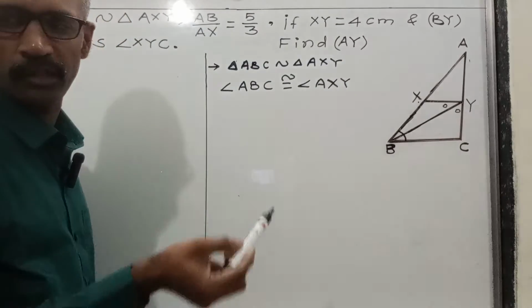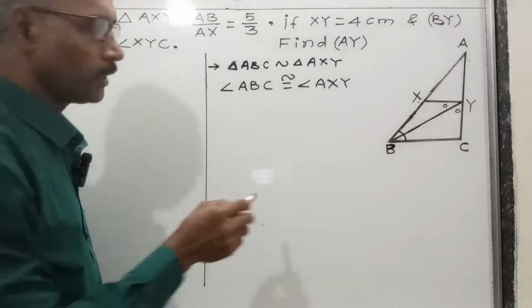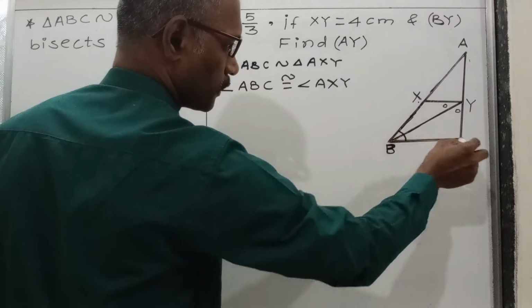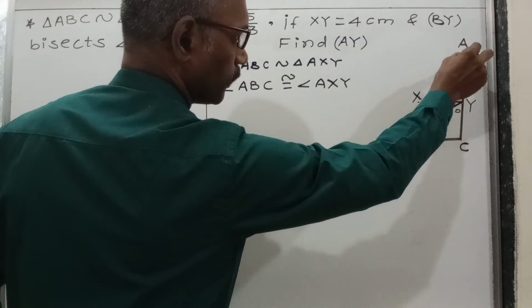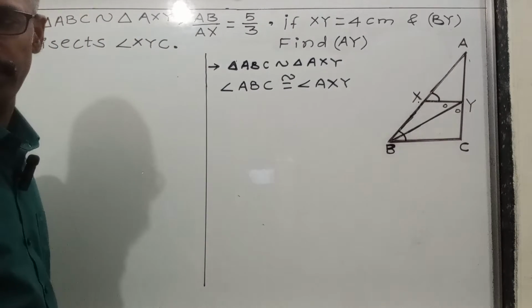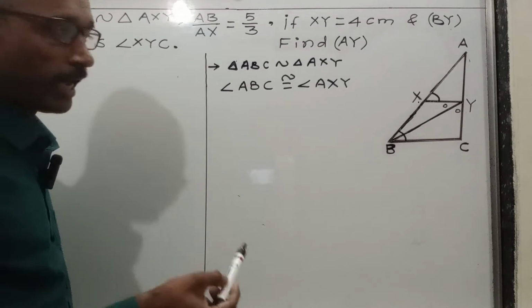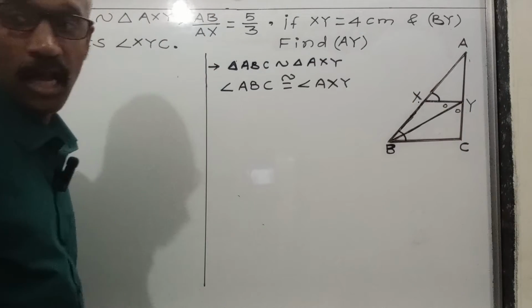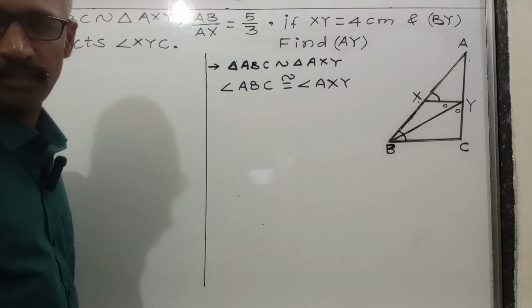This is very, very important for this example. This angle ABC and angle AXY are congruent, so we say that these two angles are corresponding angles.